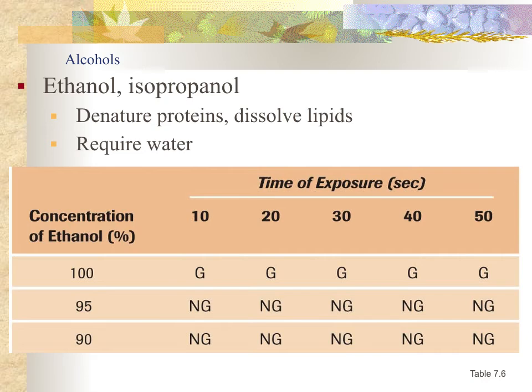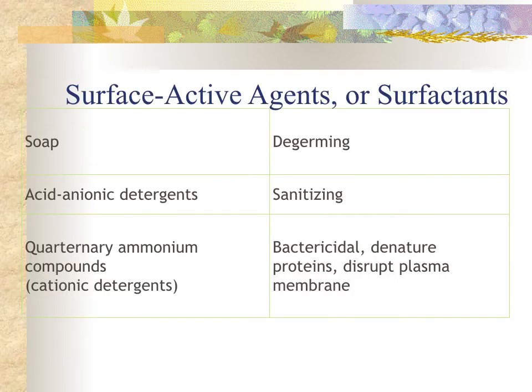Good examples of these are ethanol, and then soaps like detergents or surfactants or quaternary ammonias. These are really good at degerming or sanitizing. They're not really strongly bactericidal, but they'll help remove things and get them off surfaces so that we can use them.